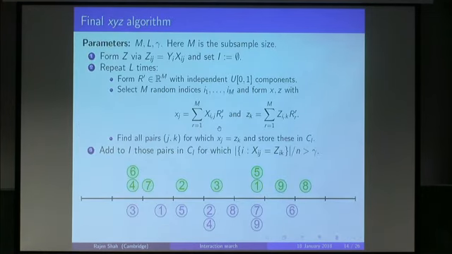Okay. So just to recap, the form that the algorithm now takes is as follows. We form our X and Z, and then we pick some random indices, and we can take our random projection vector to have, let's say, IID uniform 0,1 components, but we could pick anything there that we wanted to.